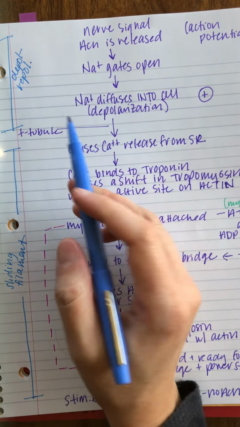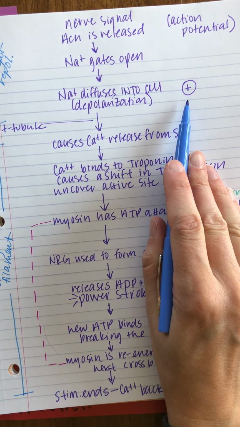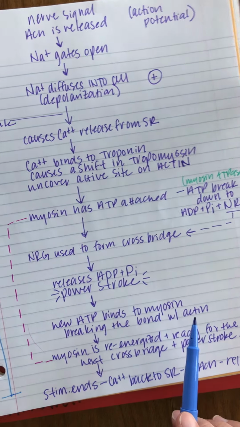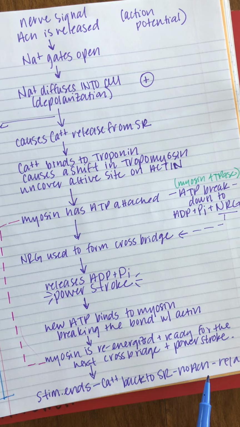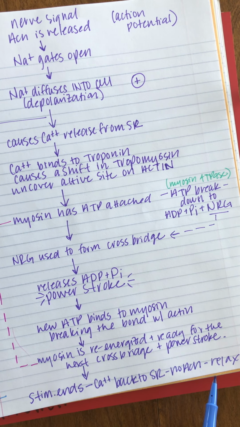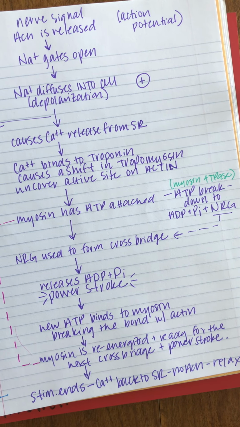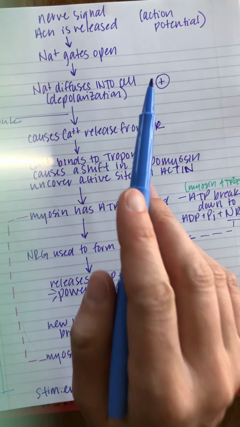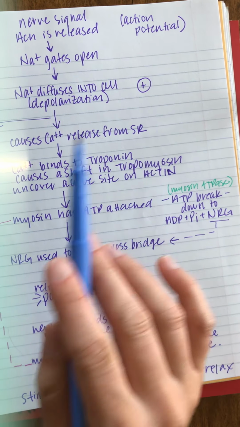Depolarization means that things become more positive. When we get down here and stimulation ends, it returns to negative, so it becomes repolarized, which will come more with the action potentials and the nervous system.